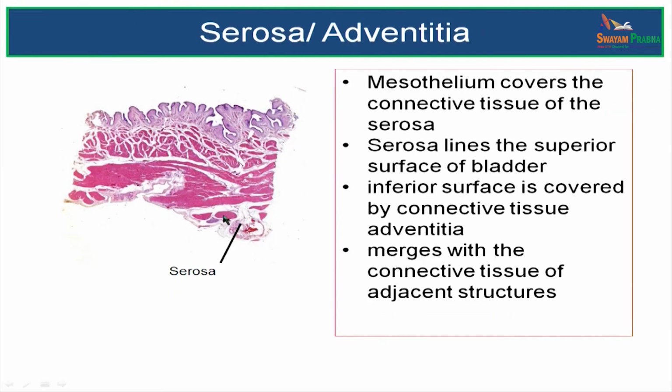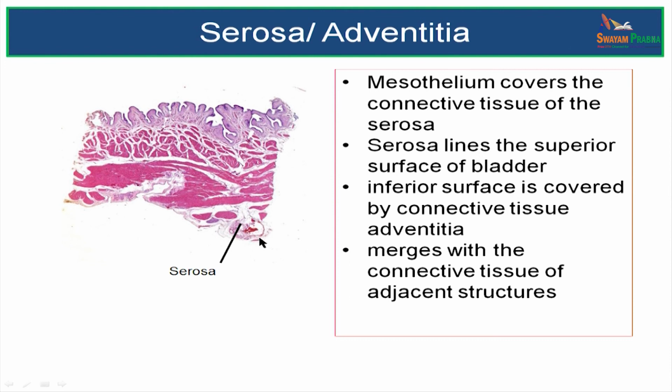The last layer, or the outermost layer, is serosa or adventitia. Please note, serosa lines the superior surface of the bladder, while the inferior surface is covered only with connective tissue, that is called adventitia. Serosa, which lines the superior surface, has connective tissue and a mesothelium. Mesothelium is nothing but simple squamous epithelium.